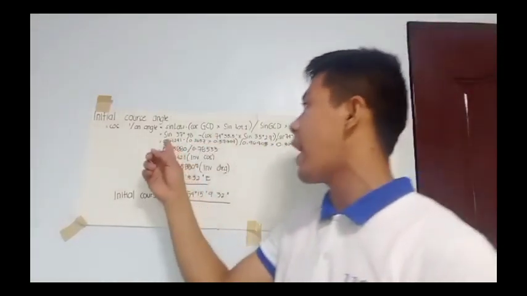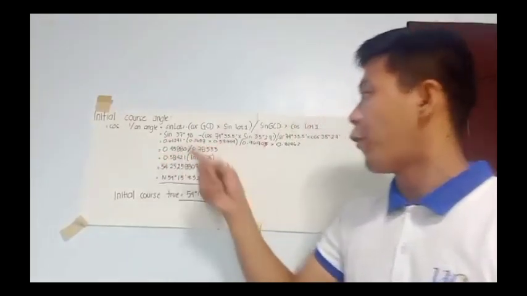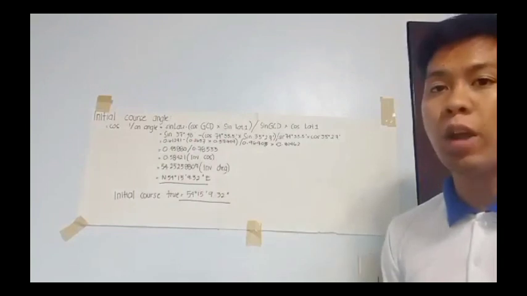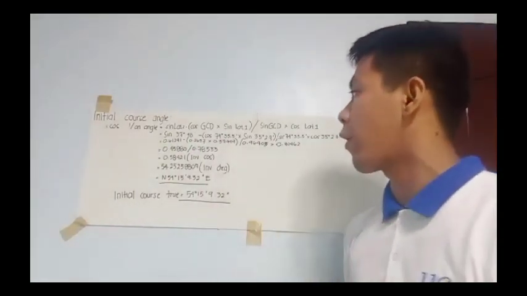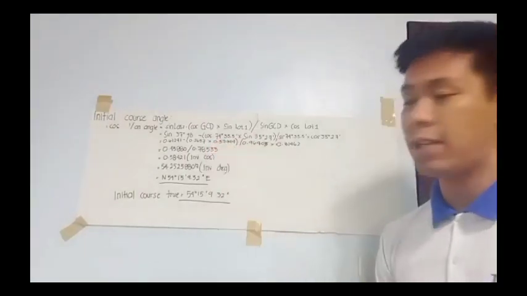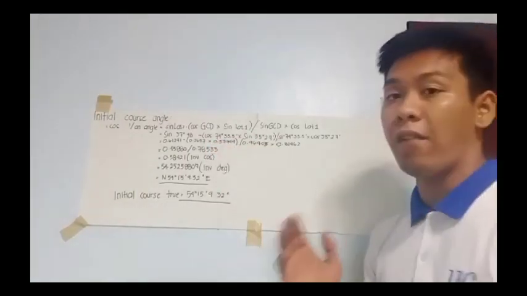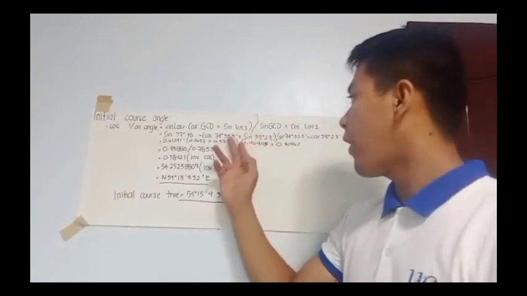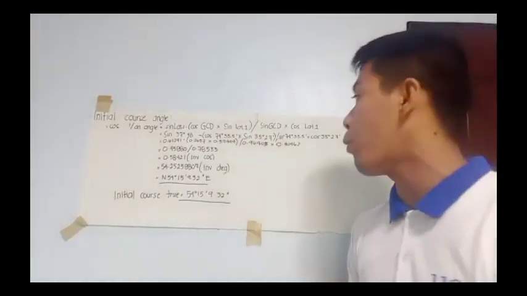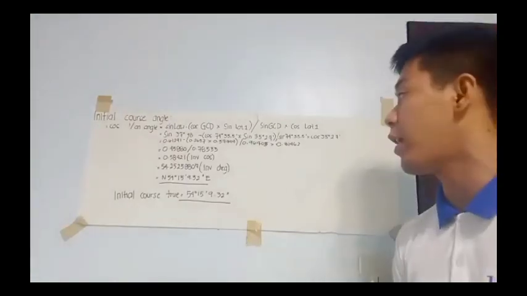For the sine 37 degrees and 48 minutes, the value is 0.61291. Meanwhile, the value of cosine 74 degrees and 35.5 minutes is 0.2657. The value of sine 35 degrees and 27 minutes is 0.57999.